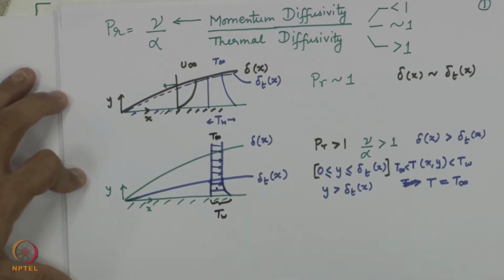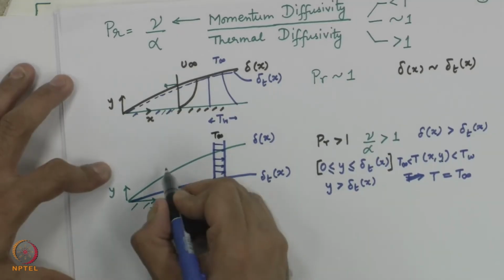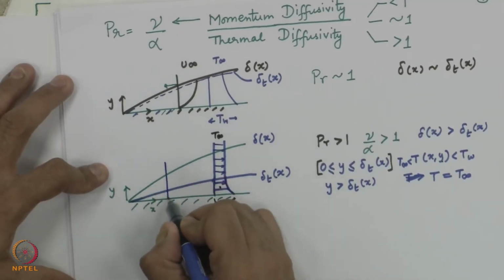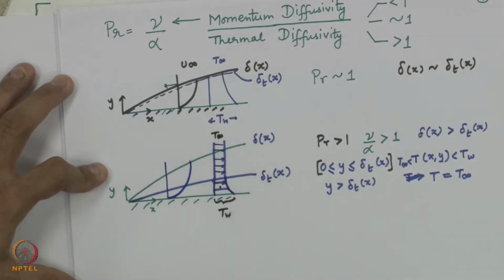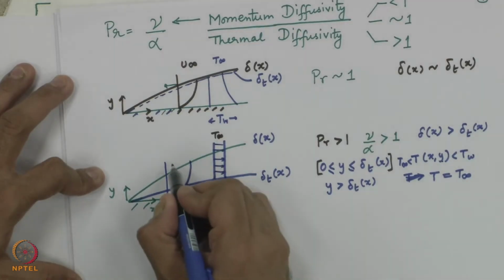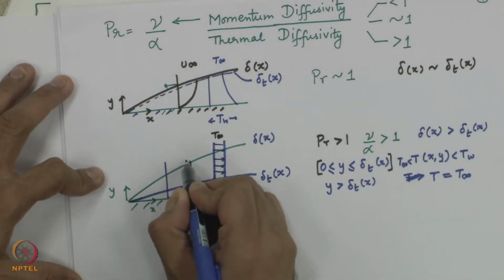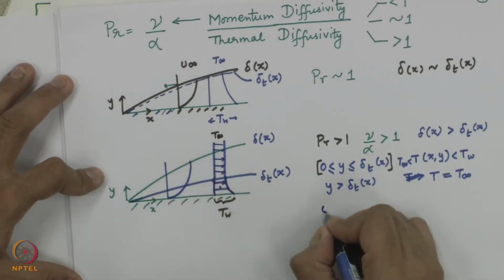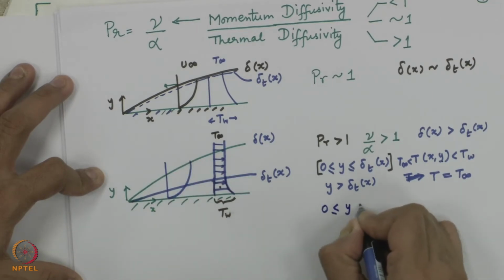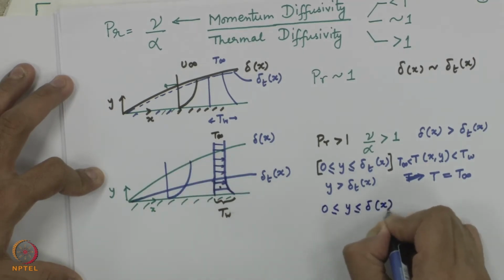What about velocities? Hydrodynamic boundary layer indicates that the velocity is going to go all the way up to u infinity, all the way varying up to this location. So 0 less than or equal to y less than or equal to delta of x.